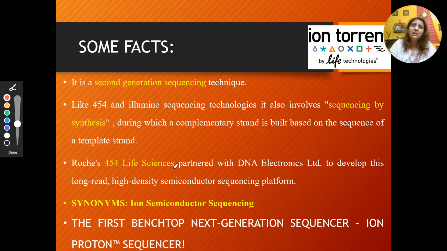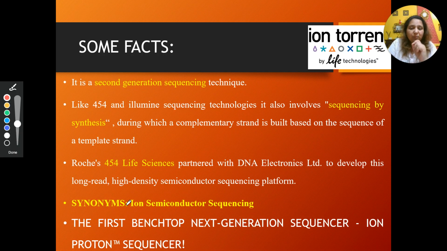The ion torrent sequencing can also be called ion semiconductor sequencing. Why it is called ion semiconductor sequencing, we will discuss in a short while. And what was the biggest commercial selling point for the ion torrent sequencing?